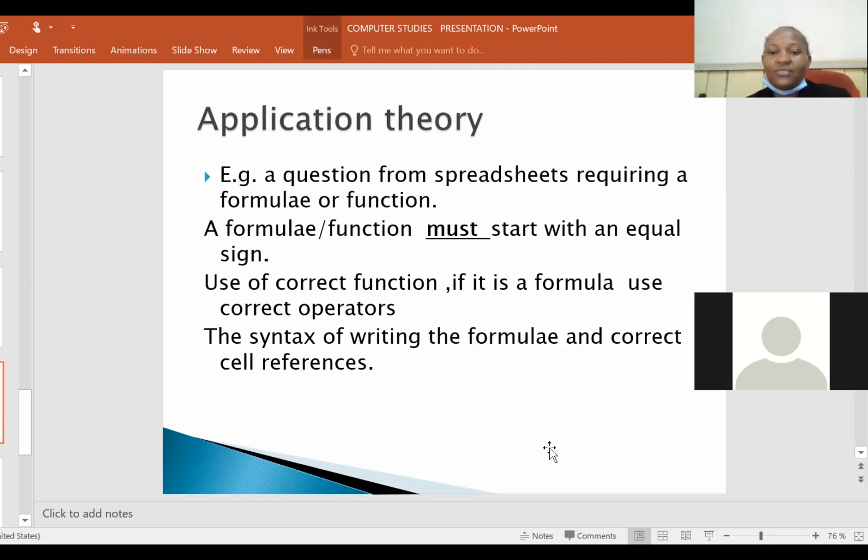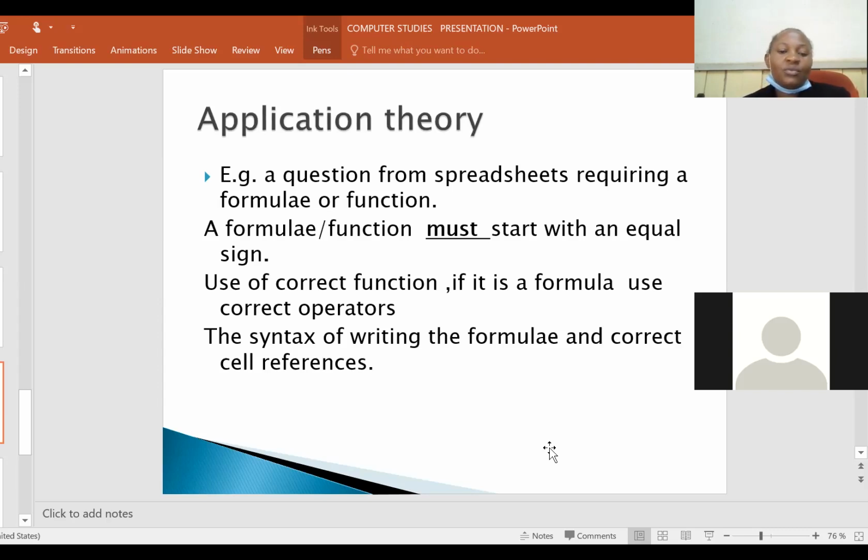On the same note, now we are away from functions; remember functions are the inbuilt mathematical formulas that are used to perform a calculation. Again, you can use a formula that you define, whereby you will use cell references and operators. Use the correct operators and also the correct cell references.